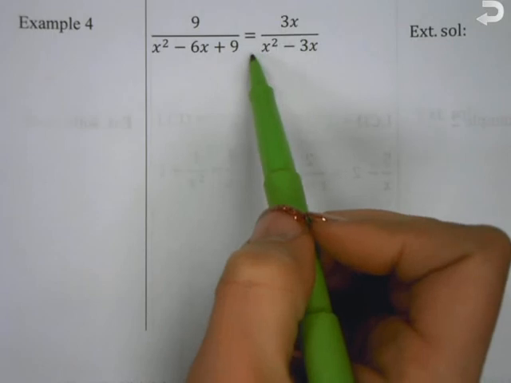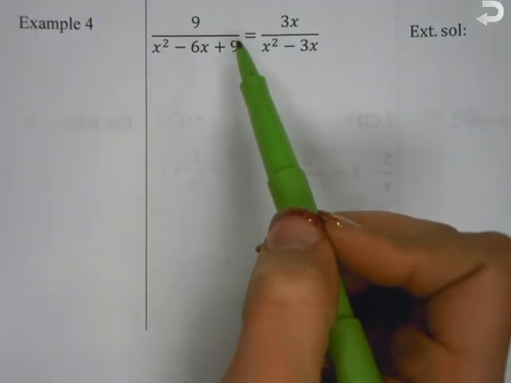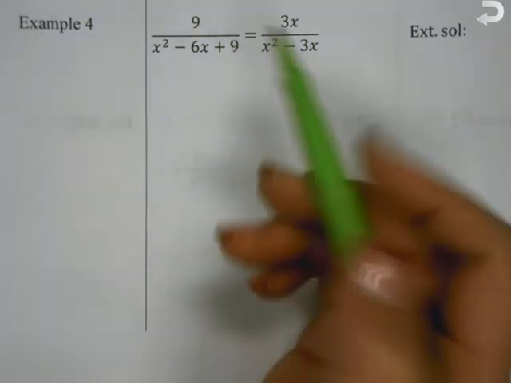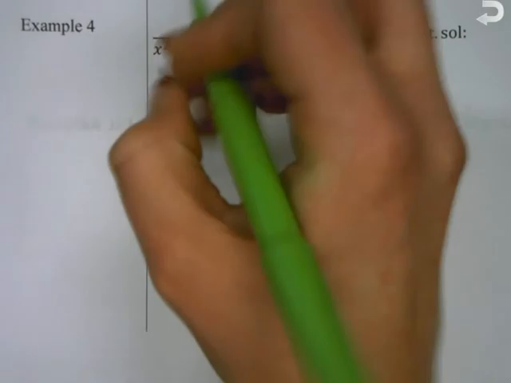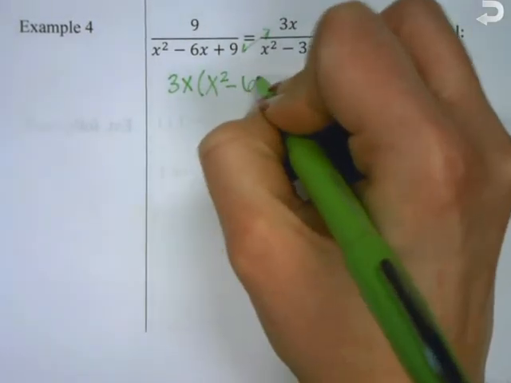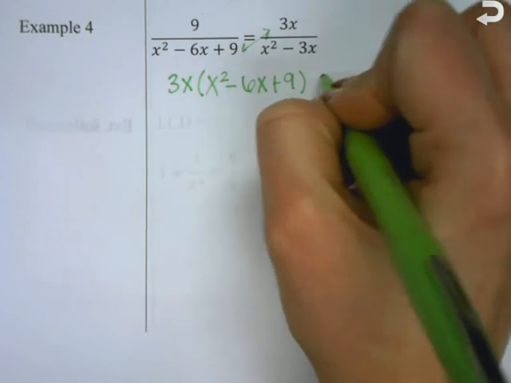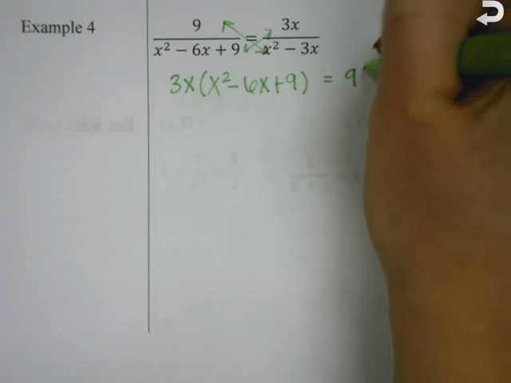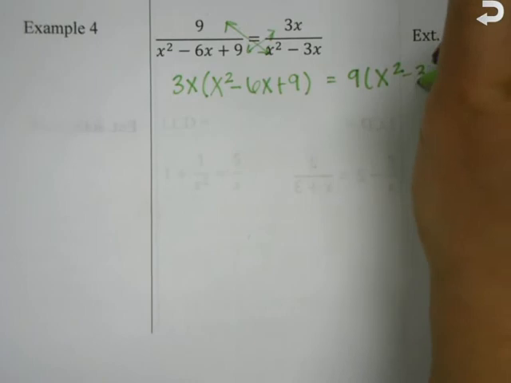So we're going to get 3x times x squared minus 6x plus 9 equals 9 times x squared minus 3x. Okay, let's distribute.